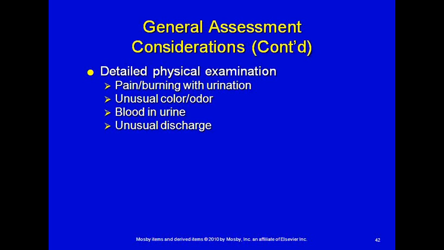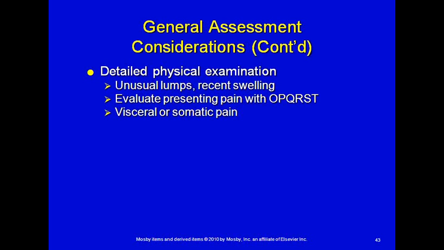These we just mentioned as part of your physical exam. Are there any unusual lumps or recent swelling, particularly with men in their testicles, which might indicate either testicular cancer or even things like a hydrocele? Evaluate the presenting pain with OPQRST like we do any pain, and try to determine whether the pain is visceral or somatic.